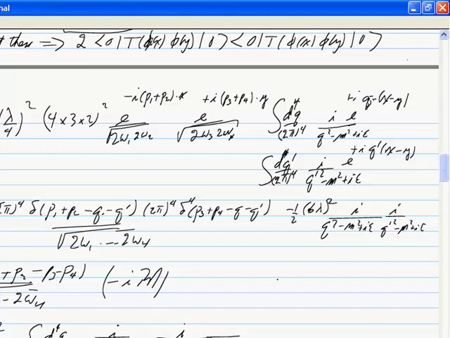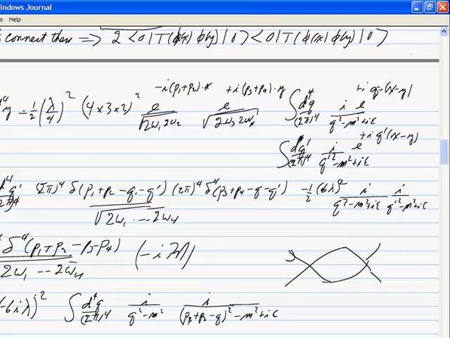Maybe I should draw that out just to show you how that works. We have these vertices that go like that. Here's p1, p2, q, and this line would be then p1 plus p2 minus q, so that at the vertices momentum is conserved. And then p3, p4, you bring these together here, they equal p1 plus p2, which by the overall conservation is p3 plus p4.